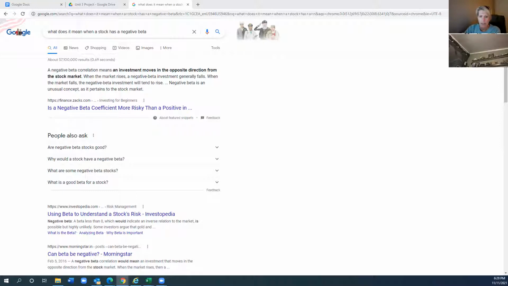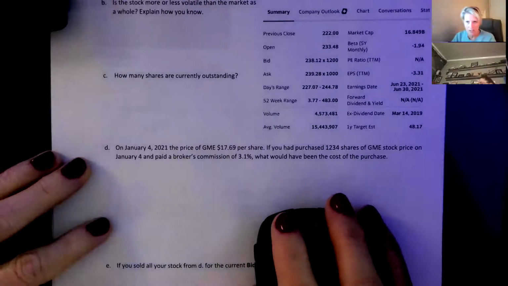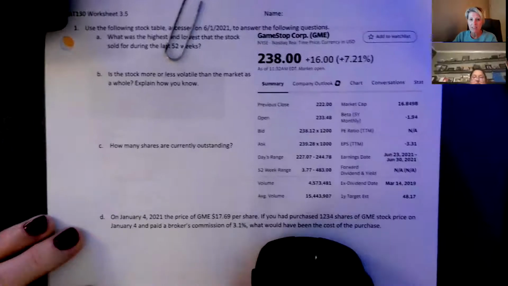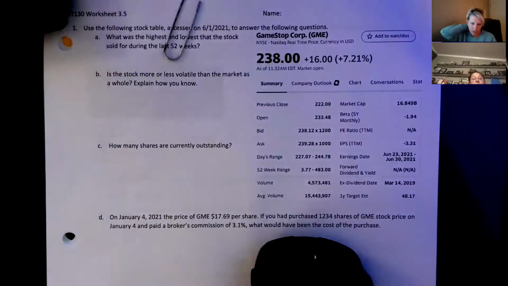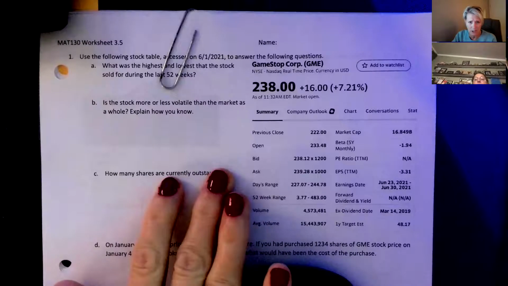Now, on this one, it's oddly different because the reason it's negative here is because when this was happening, it was last summer and the market was not super great, but yet this stock was going crazy. And it was a really weird situation. Actually, it was even crazier months before this date in June.